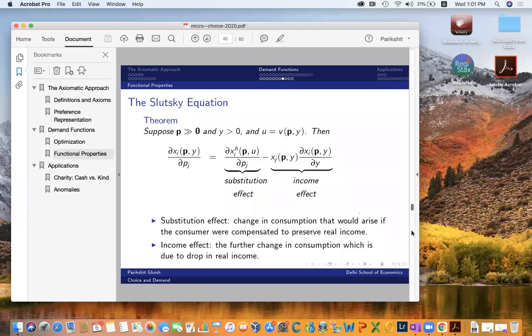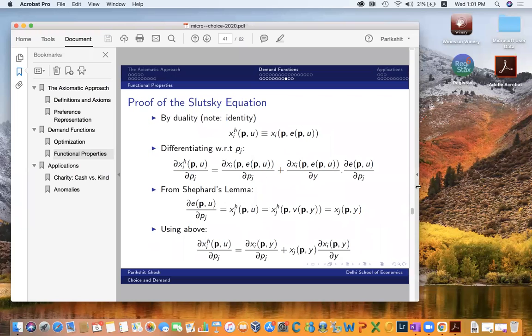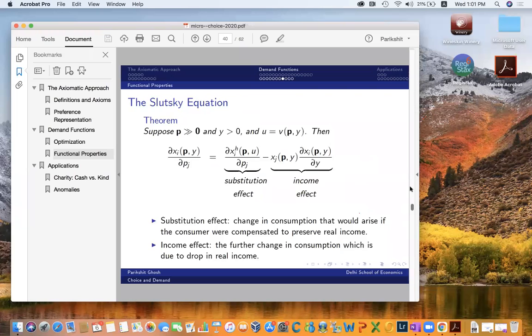So the so-called law of demand, which says that for any good, there's a negative relationship between the price of that good and the demand for the good, is not firmly founded.